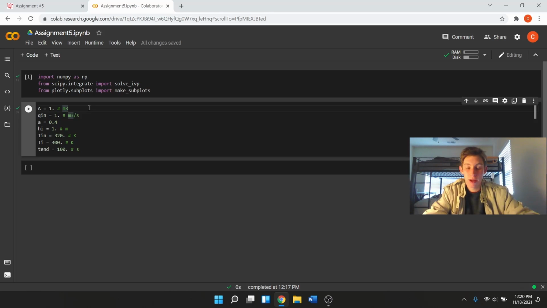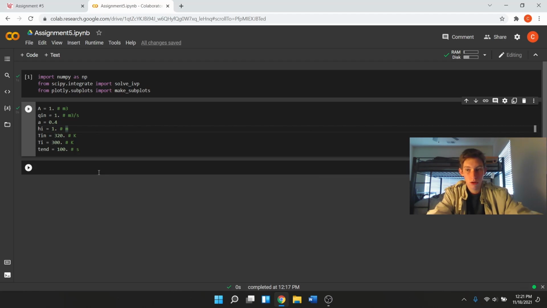Alpha we have designated as 0.4. The initial height is 1 meter. The temperature going in is 320 Kelvin, and the initial temperature is 300 Kelvin. And then our end goal is to make two plots from 0 to 100 seconds for the change in height and the change in temperature.